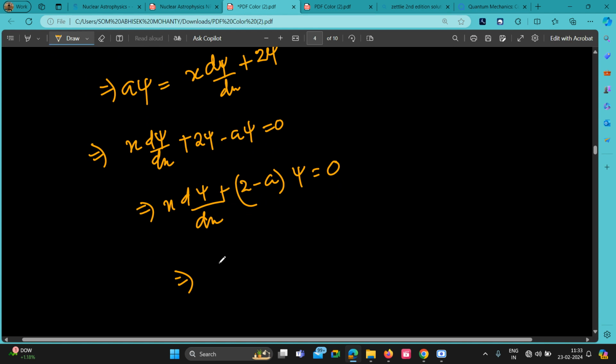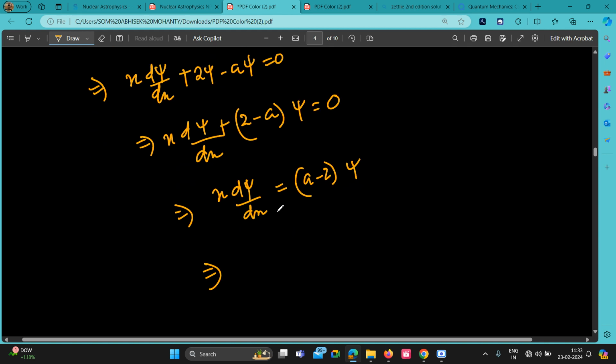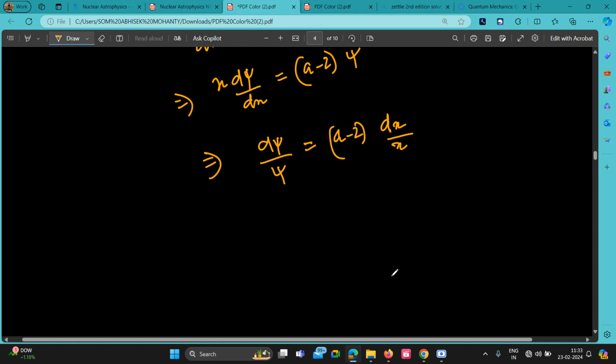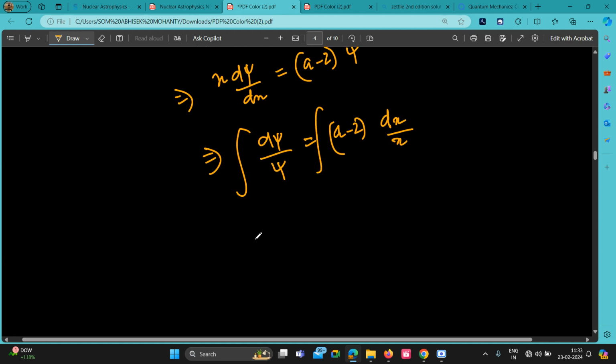So x d psi/dx is equal to (a minus 2) psi. I will separate the variables: d psi/psi is equal to (a minus 2) dx/x. I will take the integration on both sides, so ln psi is equal to (a minus 2) ln x.